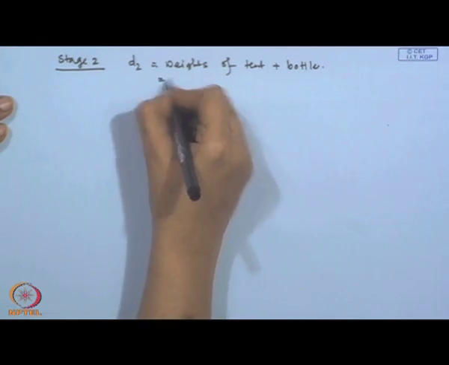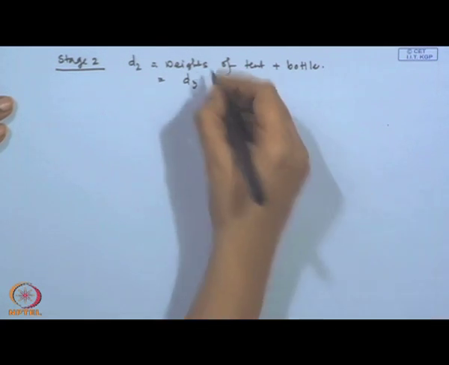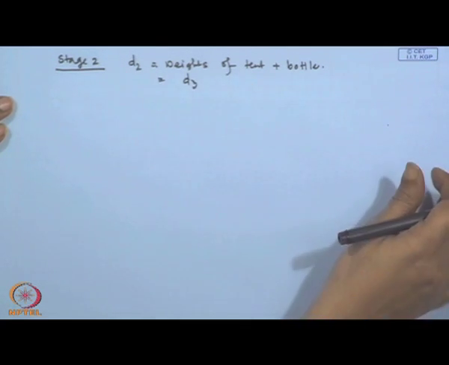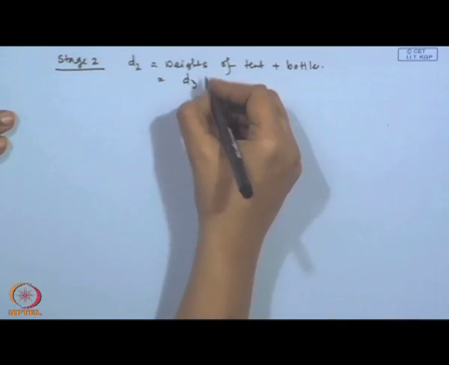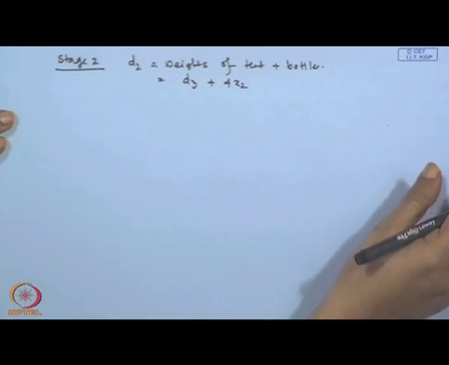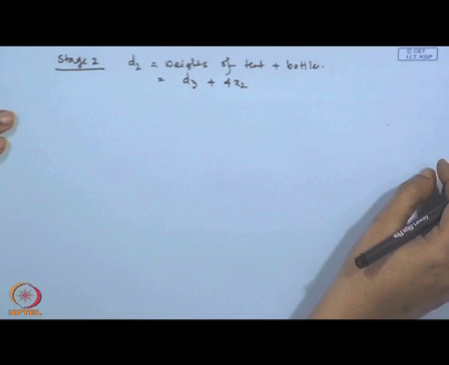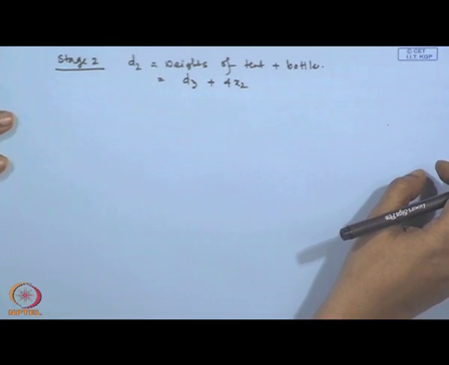Already we have considered the weights for tent as D3, and what about the weights of bottles? If I consider x2 as the variable regarding the number of bottles we wanted to consider, then D2 must be equal to D3 plus 4x2, because 4 is the unit weight for a bottle of water.